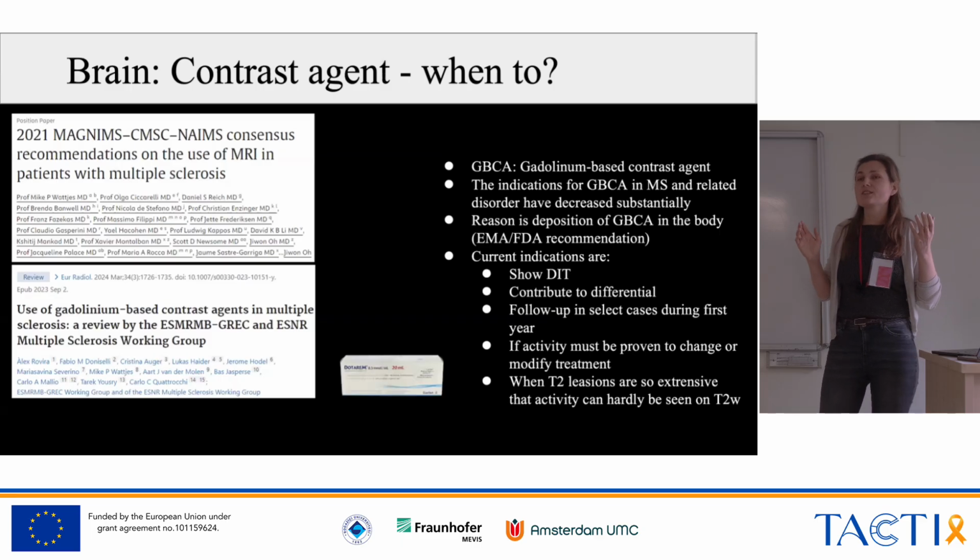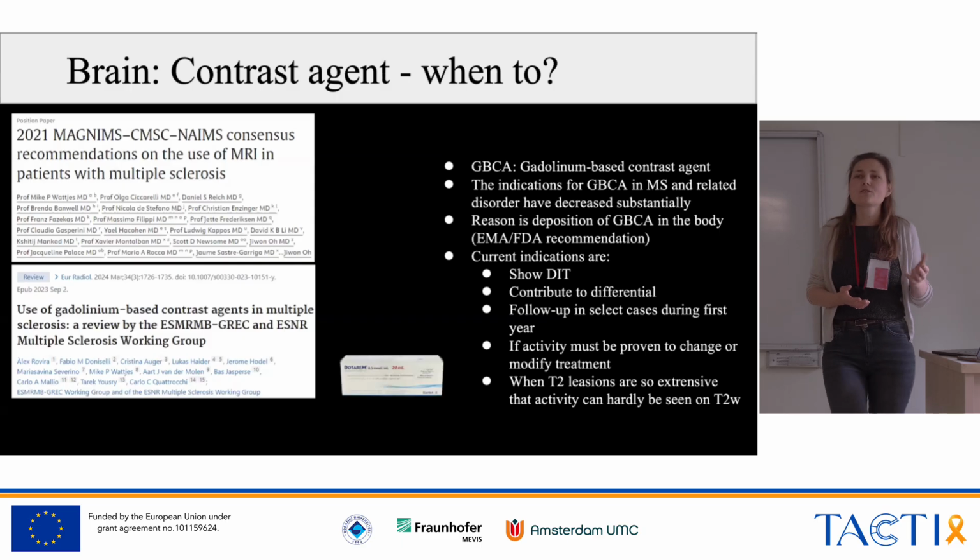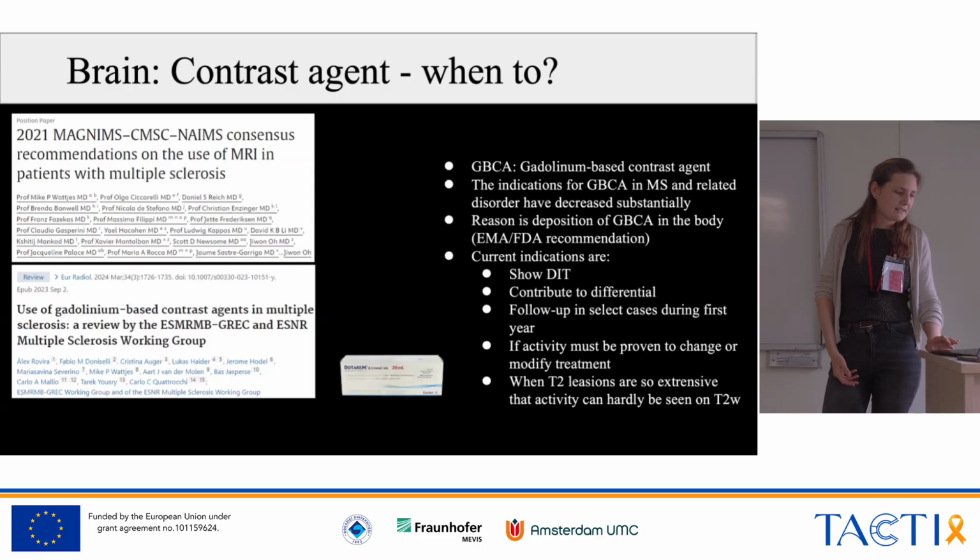So say your patient shows clinical disease activity, but you know the patient has trillions of lesions, then the radiologist will have a very hard time finding a new lesion. And to increase the chances, you give contrast, even though strictly it would be enough to just see the new lesion, but because you know that the radiologist will fail in this job, you give contrast to help a little.